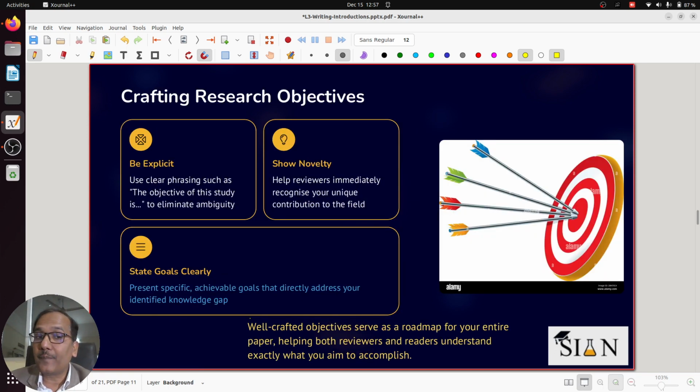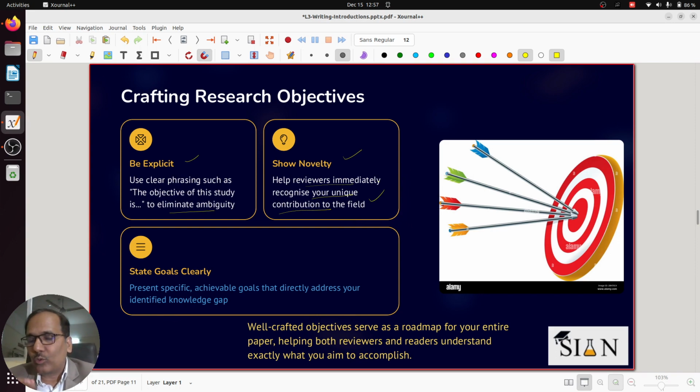Now, crafting the research objective. Be explicit. The objective must not be messy. Use clear phrasing such as "the objective of the study is" to eliminate ambiguity, so that novelty helps reviewers immediately recognize your unique contribution to the field. Nowadays, some journals during submission ask about the novelty statement of the paper.